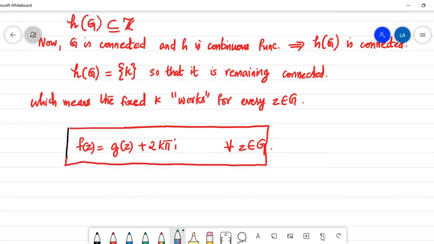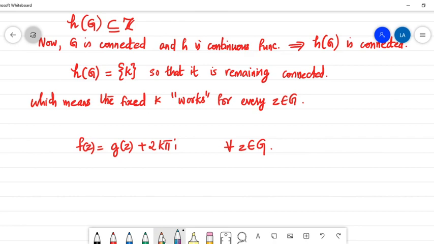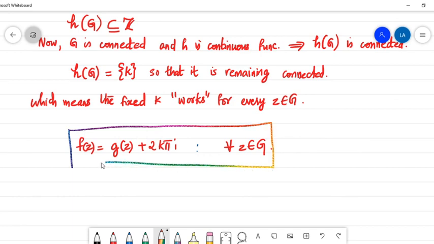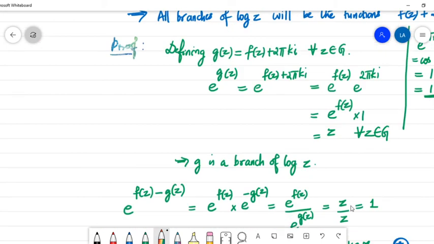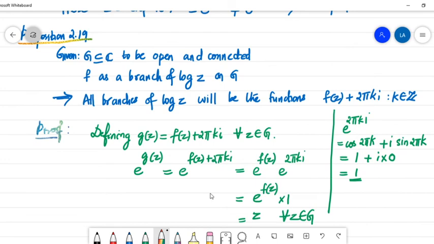So before moving on, let it remain in that way. This is what we are ending up with, and let's just see the proposition. The proposition said like this: we are given f to be a branch, and all branches of log will be functions like this.